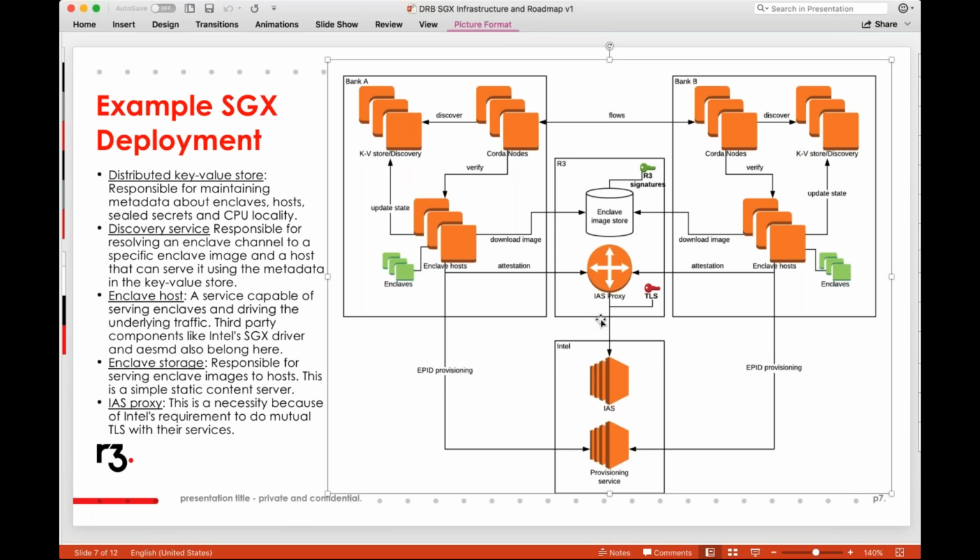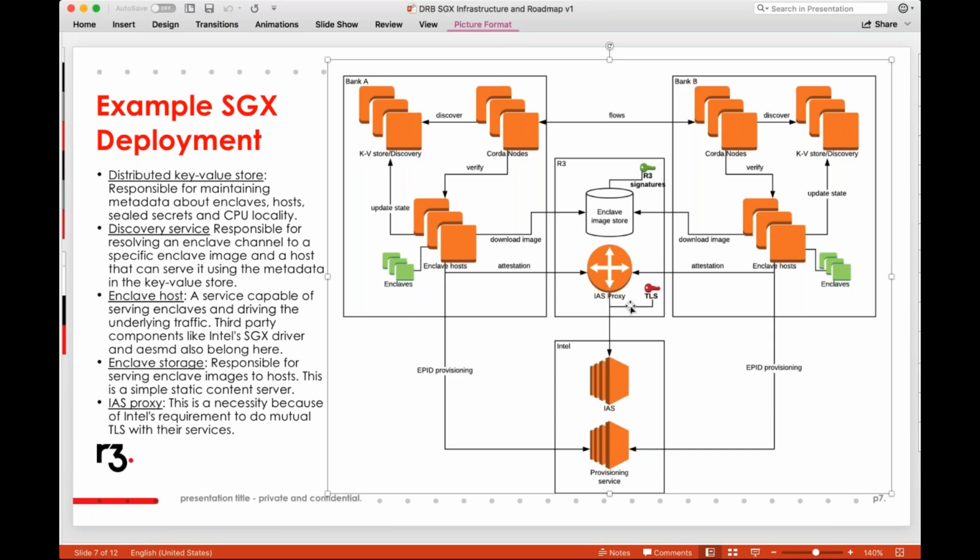The reason we need this proxy is because Intel requires anyone who's using SGX to do mutual TLS with them. So there's another whitelisting process here where they whitelisted one of our keys, and we can do this mutual TLS with them.